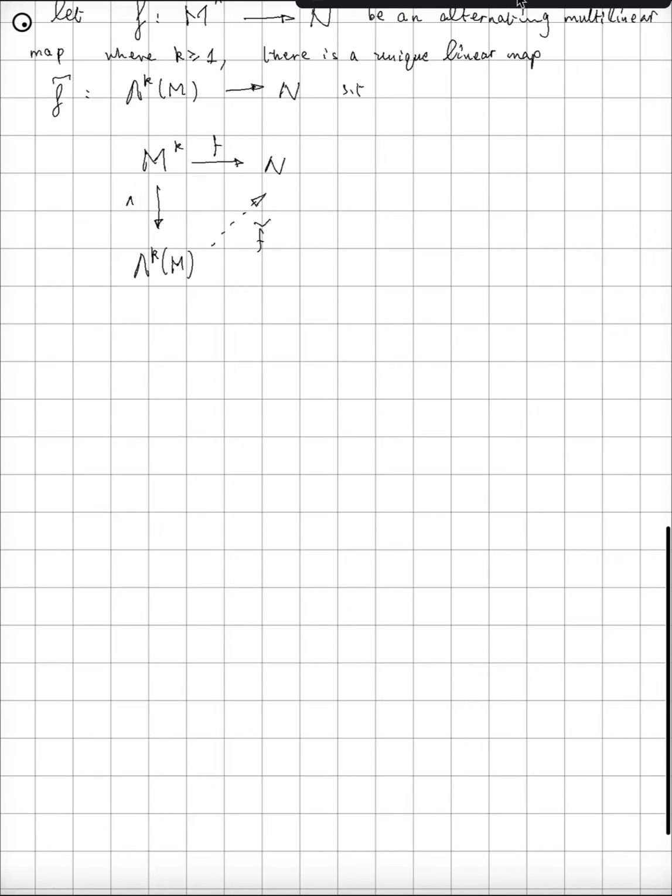In other words, f tilde of m1 wedge ... wedge mk is the same as f of (m1, m2, ..., mk).